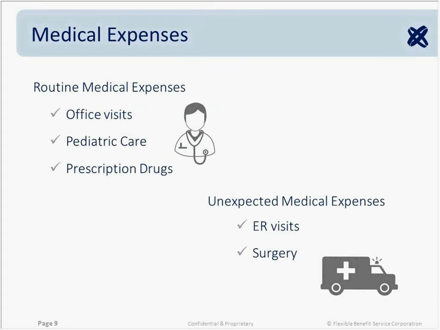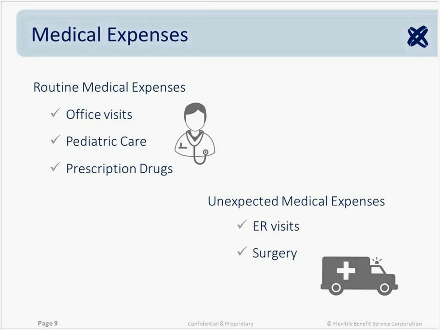There's an expectation that at least a couple times a year, most people are probably going to need to see the doctor for a sick visit. For those of you with young children, especially infants, you're going to have some rather frequent pediatric visits, some more so than others. And then many people take regular maintenance medications where every month or every quarter they're renewing their prescription to treat an ongoing condition.